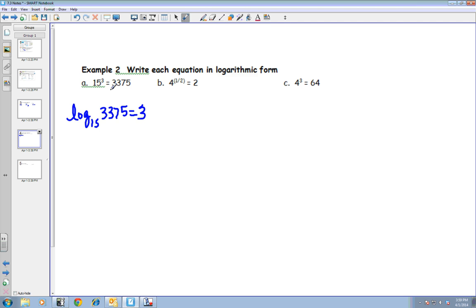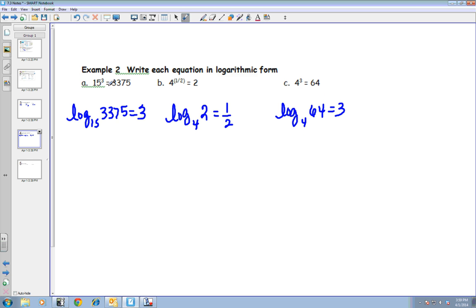Your exponent always goes over on the other side. B would be log base 4 of 2 equals 1/2. C would be log base 4 of 64 equals 3.